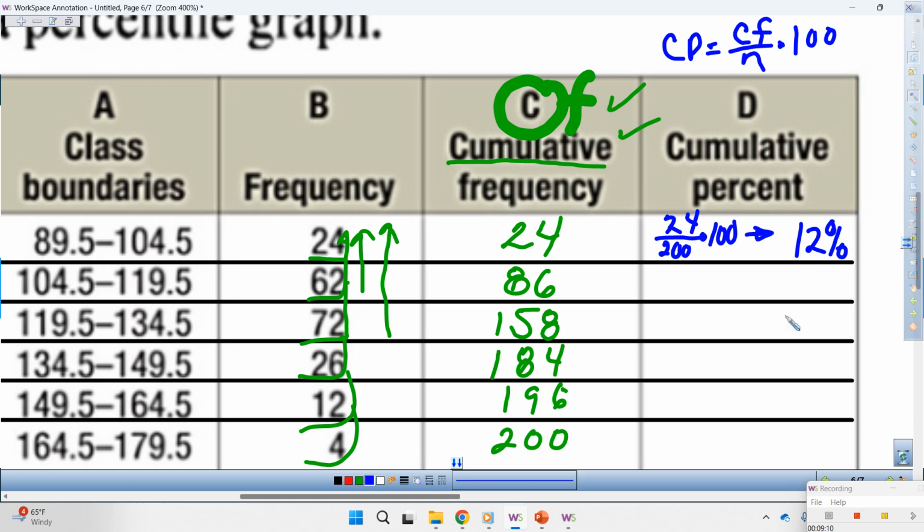All right. Who went last? Logan, pass the one. Tell me what you write, Amelia. 86 over 200 times 100, and that gives us 43%.